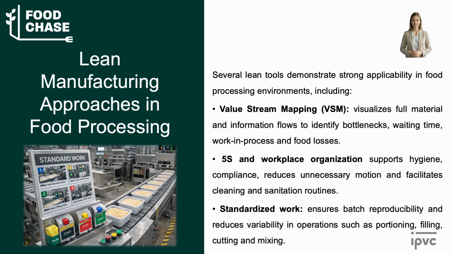In food environments, 5S supports hygiene compliance, reduces unnecessary motion, and facilitates cleaning and sanitation routines. The third tool is standardized work, which is essential for ensuring batch reproducibility and reducing variability in operations such as portioning, filling, cutting, or mixing. Together, these tools help minimize non-value-added activities and improve operational stability in food processing plants.